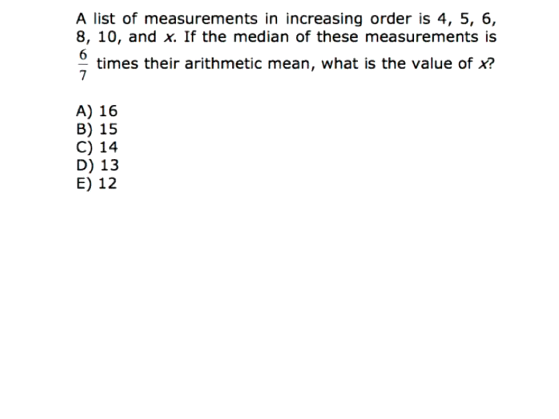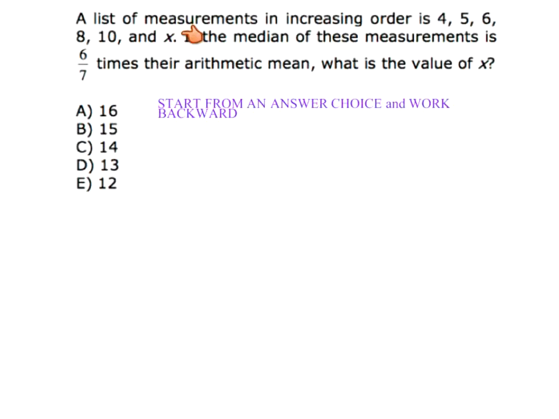Yeah, start plugging in answer choices. Sure. So that's really the thing, is just throw the answer choices in there and work backwards. So let's try that. Start from an answer choice and work backward. What's interesting about this problem is the median doesn't ever change, because these numbers are all in increasing order.